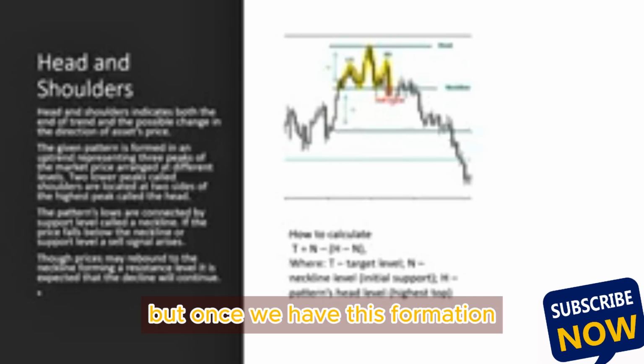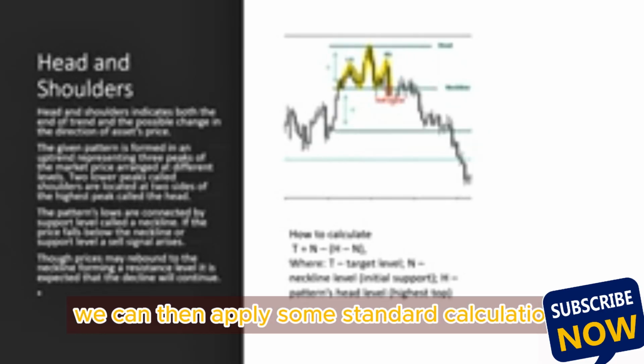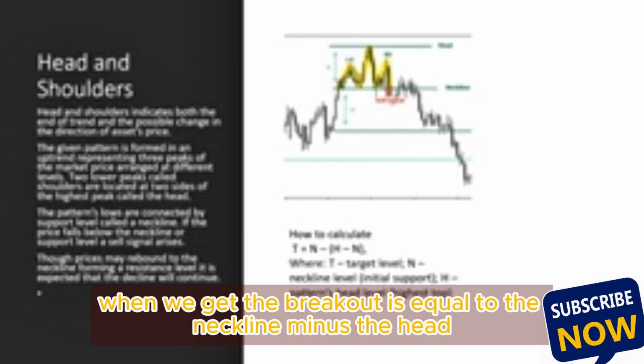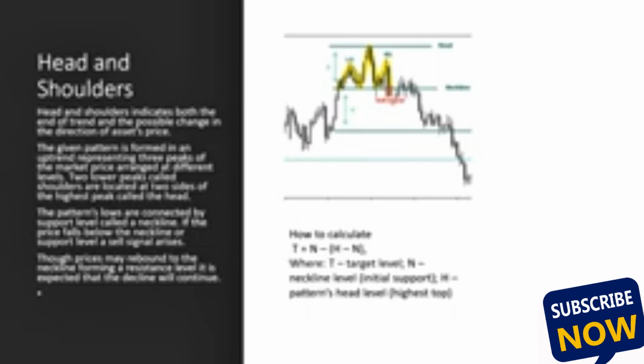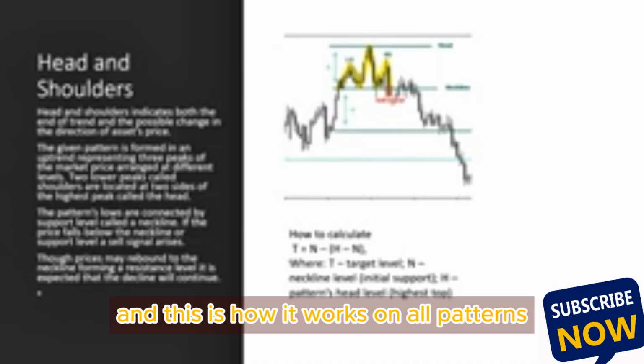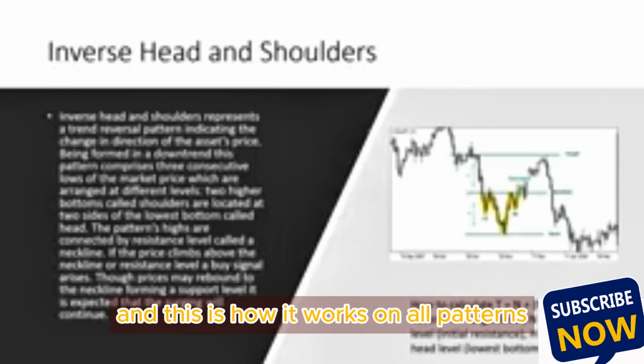But once we have this formation, we can then apply some standard calculations. Okay. And that is our target price when we get the breakout is equal to the neckline minus the head minus the neckline. And that's a pretty easy calculation. And this is how it works on all patterns. Okay.